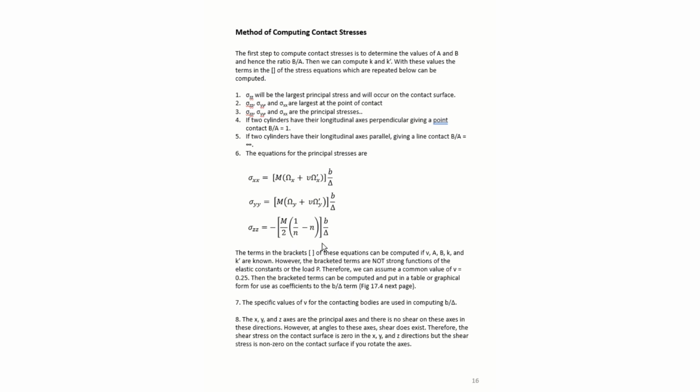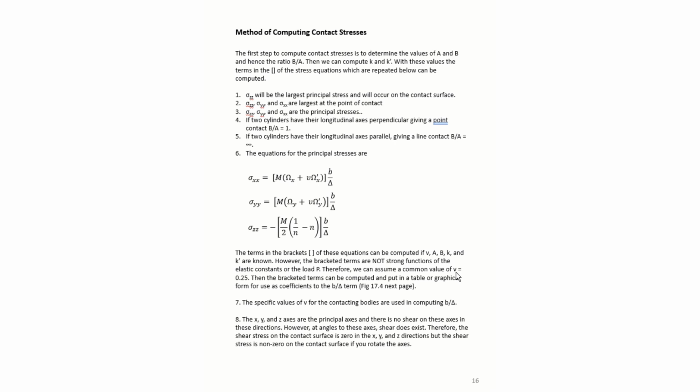So this is a really cool thing. We're going to bypass computing the guts of these brackets just because we know that they're not strong functions of the material properties, Poisson's ratio, and because we know that they're not functions of P. And so we can make tables for these quantities, just assuming Poisson's ratio is equal to 0.25.